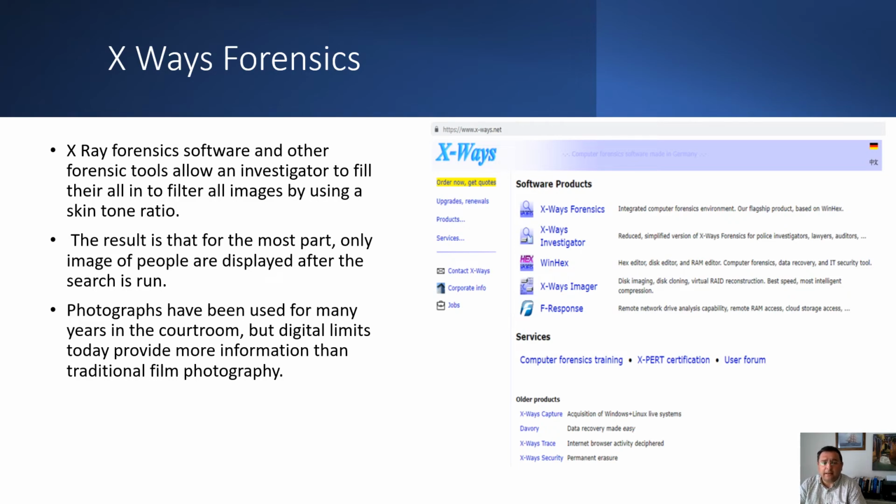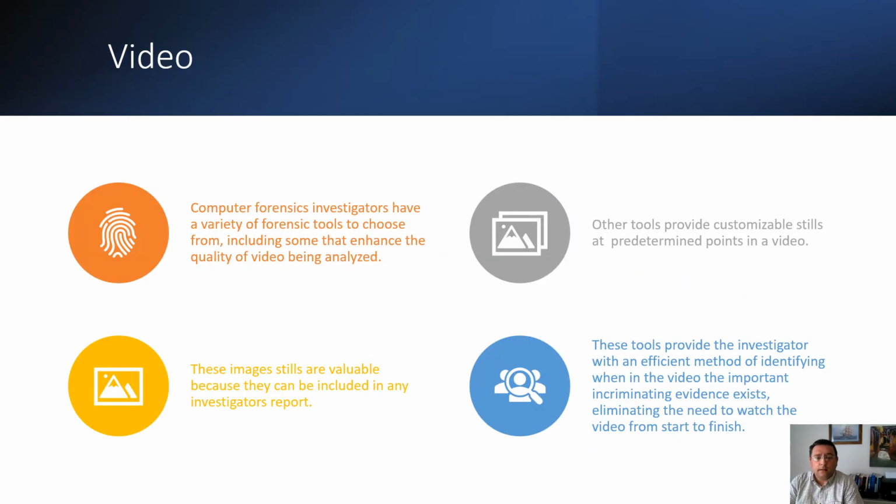Photographs have been used for many years in the courtroom, but digital images today provide more information than traditional film photography. Computer forensics has a variety of tools to choose from, including some that enhance the quality of video being analyzed. Other tools provide customizable stills at predetermined points in a video.